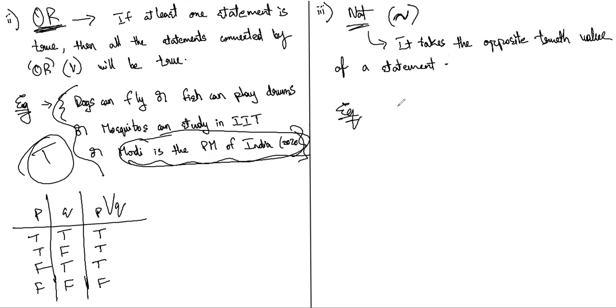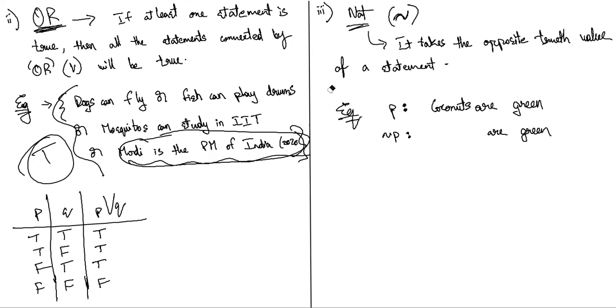Example: if P is a statement which tells coconuts are green, negation P क्या होगा? What is negation P? Coconuts are not green. Groundnuts are green. ऐसे नहीं होगा, ठीक है, you cannot introduce stuff.